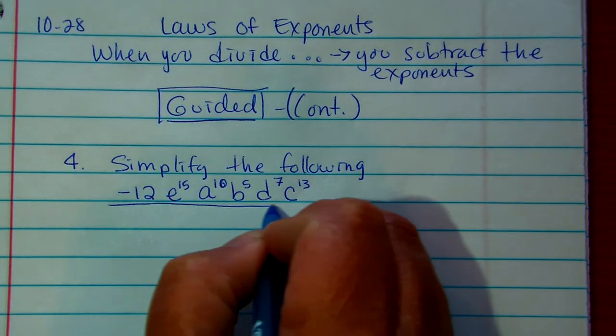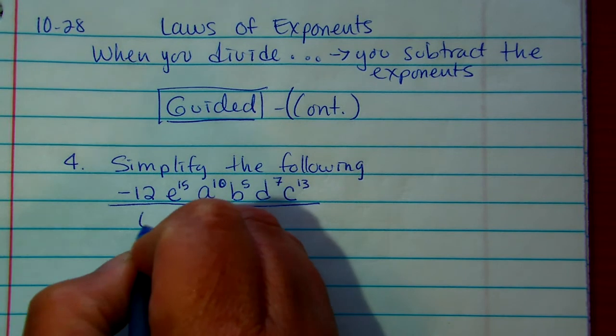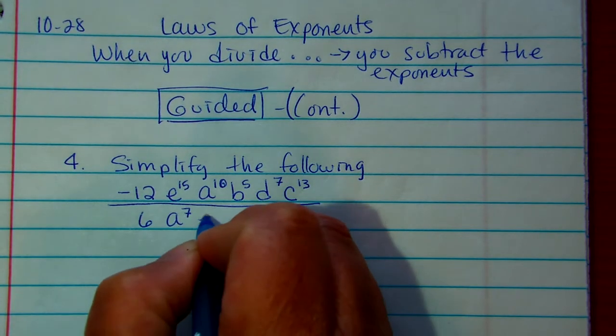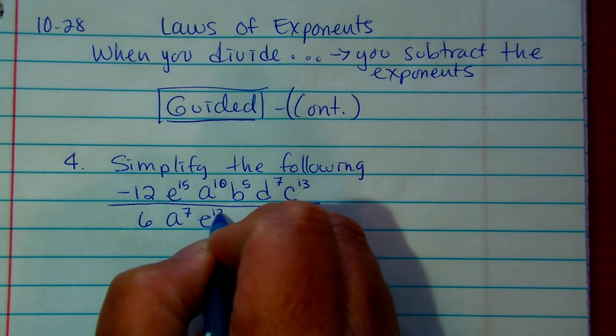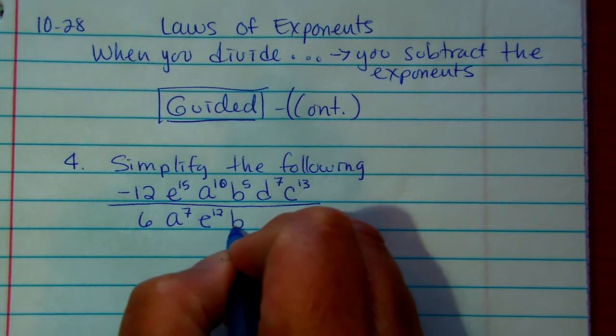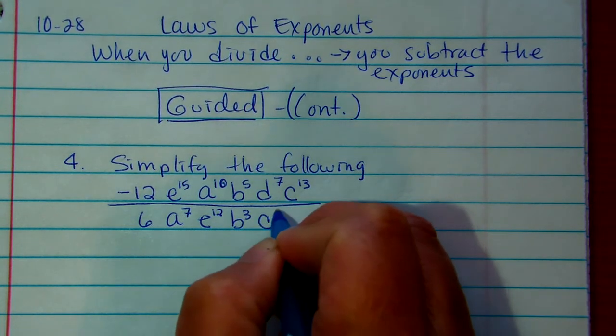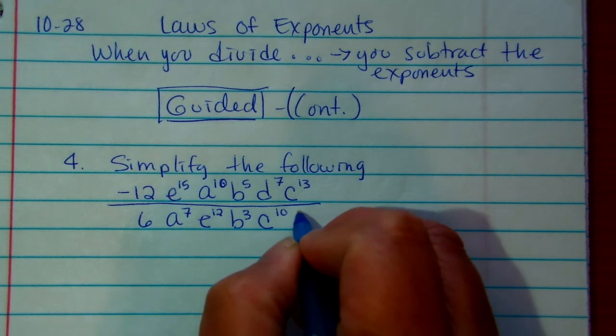Everything divided by 6, a to the 7, e to the 12, b to the 3, c to the 10, d.